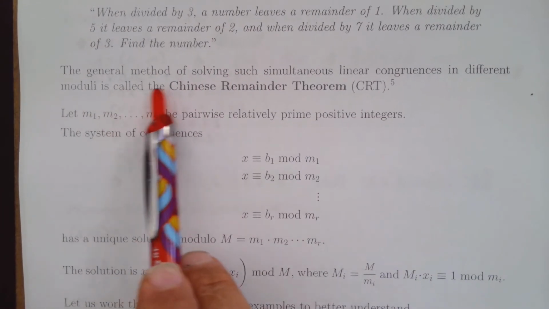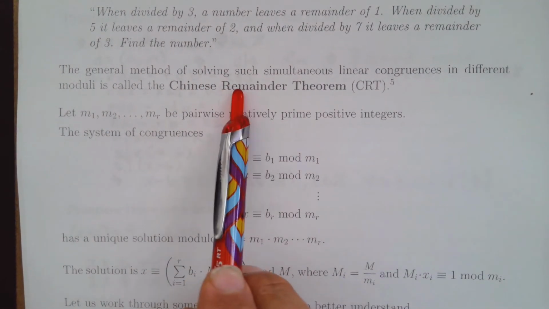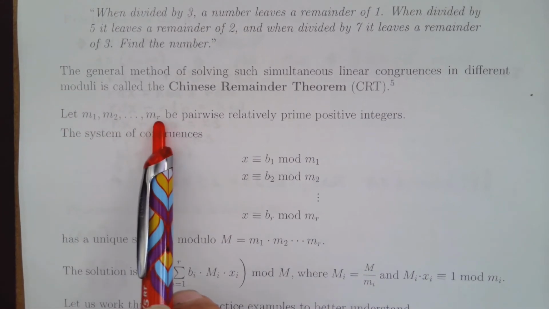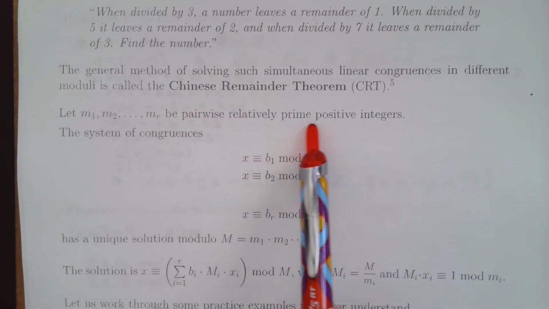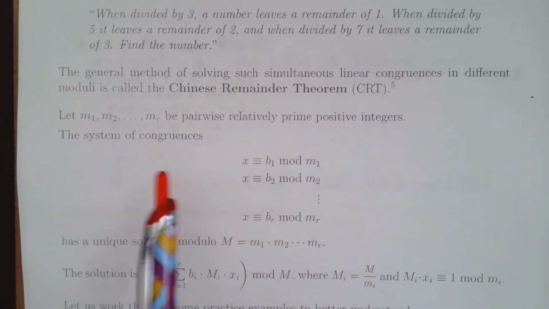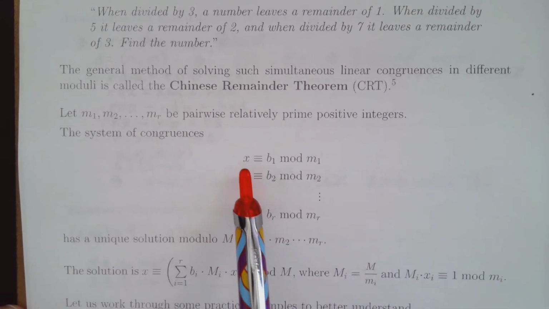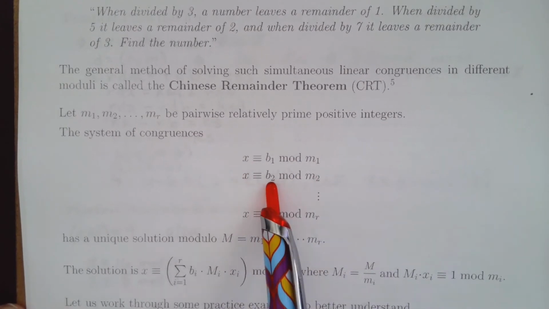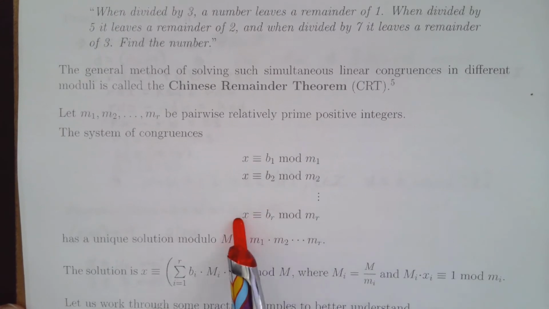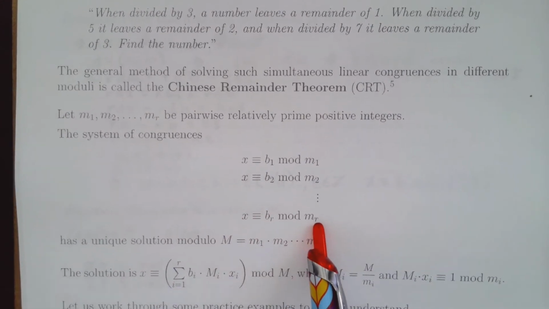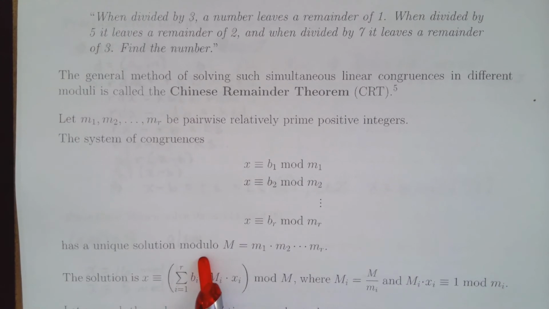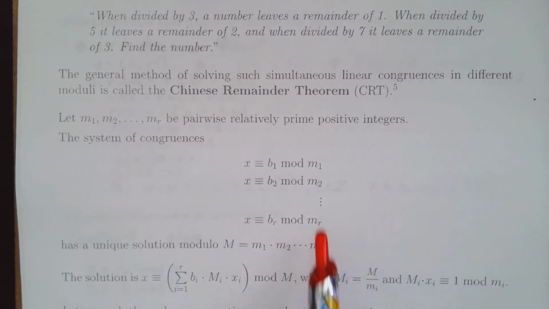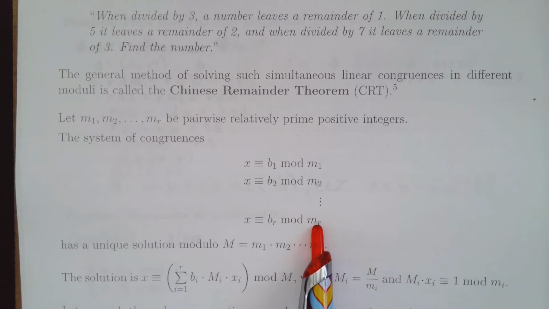Our theorem states that if m1, m2, all the way through m sub r are pairwise relatively prime positive integers, then the system of congruences given by x is congruent to b sub 1 modulo m sub 1, x is congruent to b sub 2 modulo m sub 2, all the way down to x is congruent to b sub r modulo m sub r, has a unique solution modulo this capital M, where the capital M is equal to the product of these pairwise relatively prime moduli.